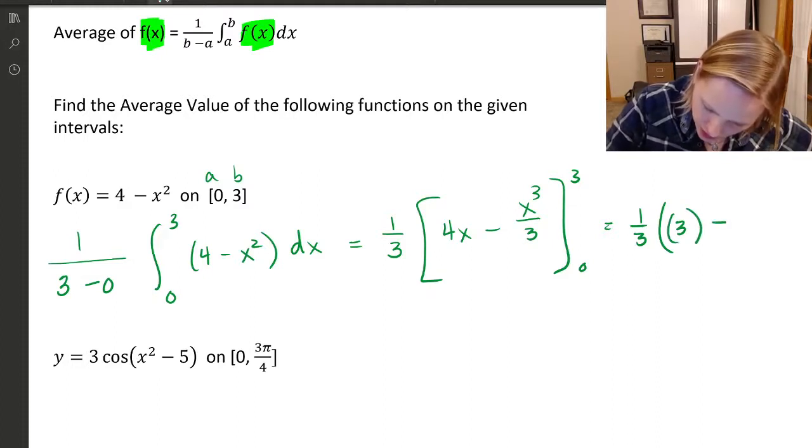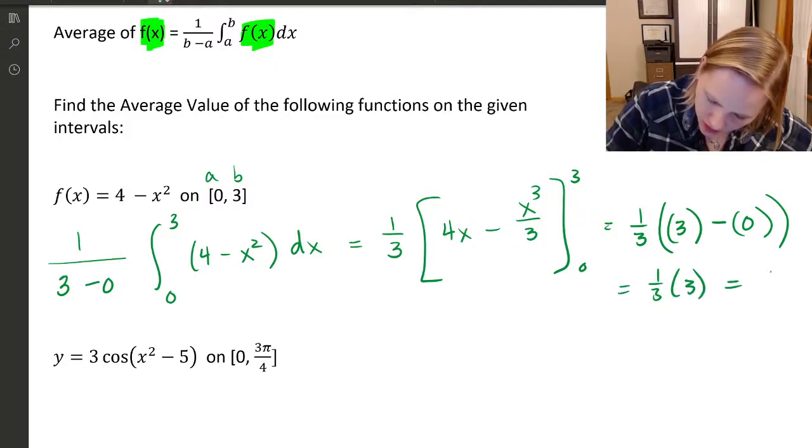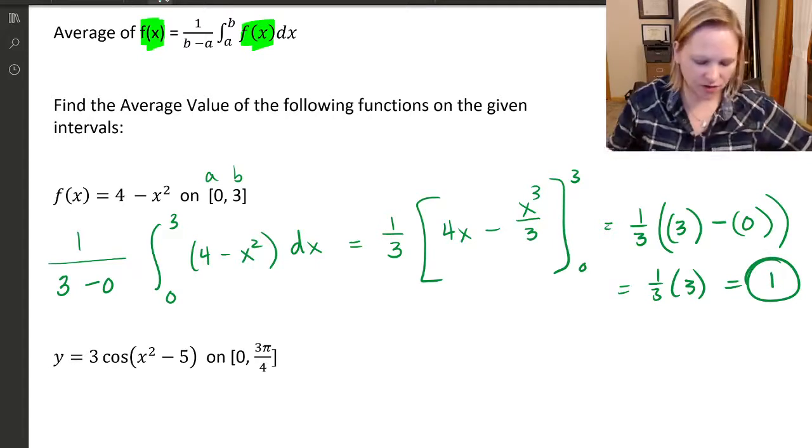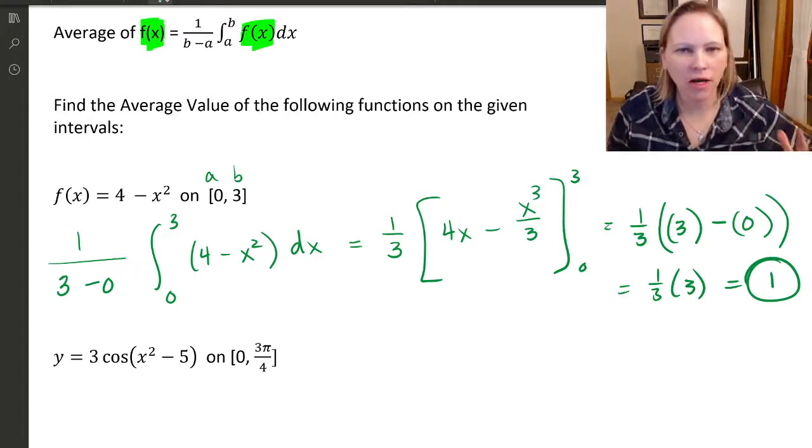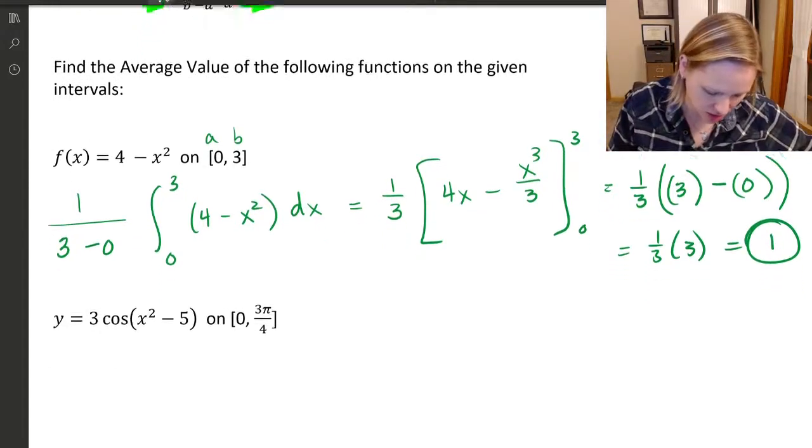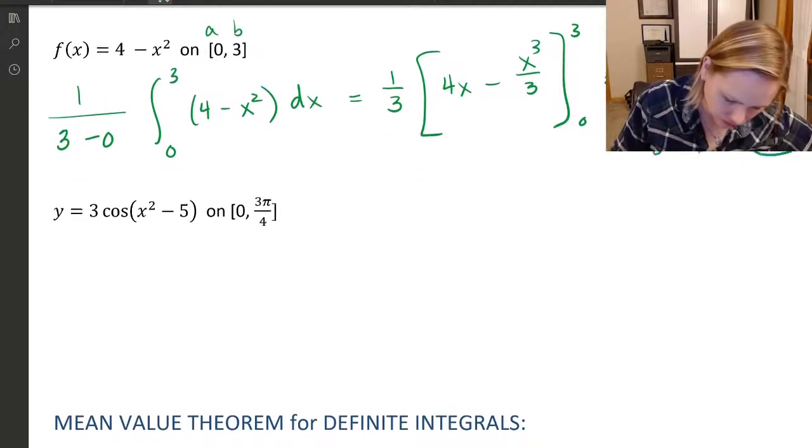Minus, and when I plug in 0, I get 0. So 3 minus 0 is 3, so 1/3 times 3 is 1. So the average value of this function on that interval is 1.